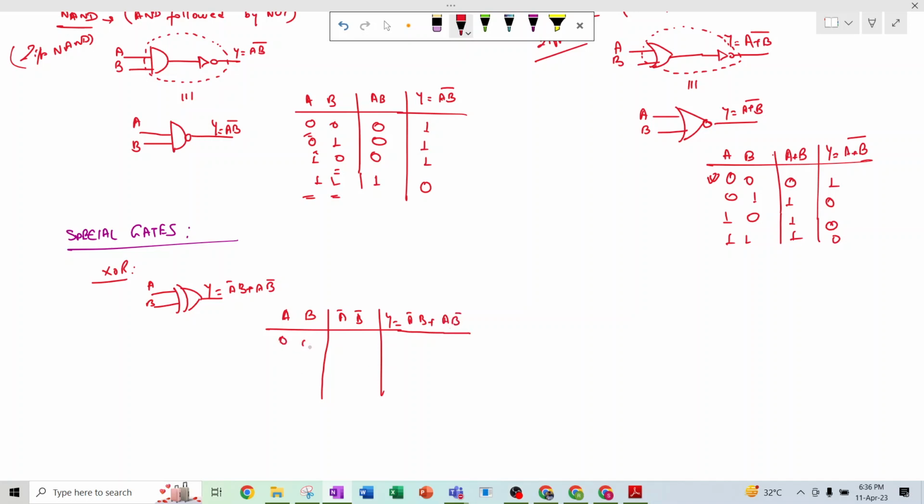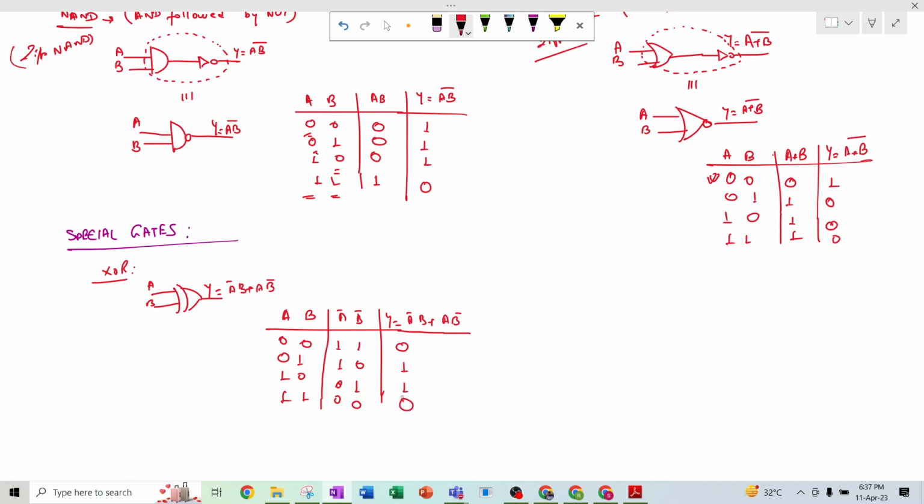this is 0 0, this is 0 1, this is 1 0, this is 1 1. So this can be 1 1 0 0, this is 1 0 1 0. Now if we do A bar B, that means 1 into 0, this counts as 0, this will be 1, this will be 1, this is 0.